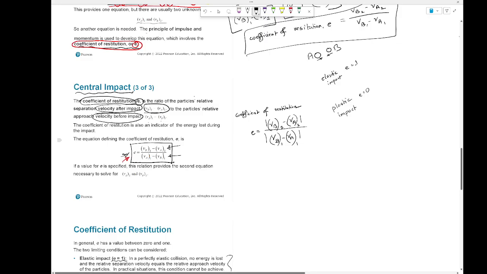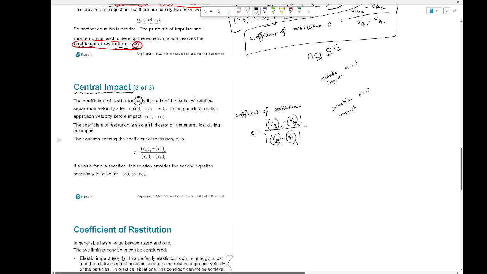So this is the equation that I'm referring to. It's too much writing here, so let me take out everything and try to point it out.